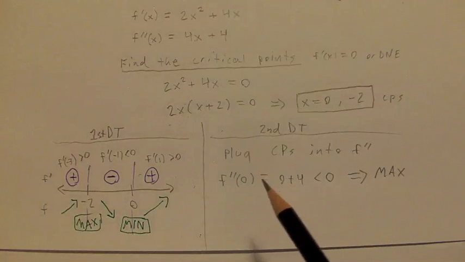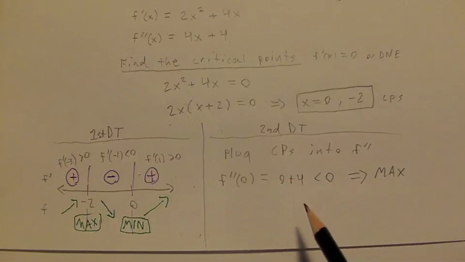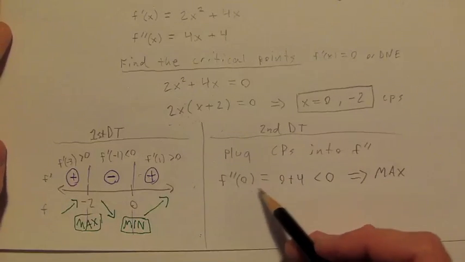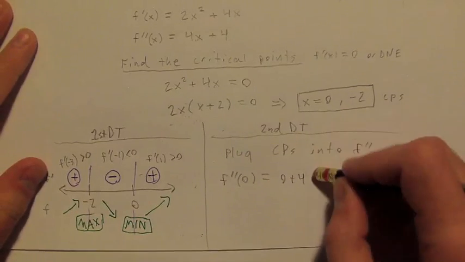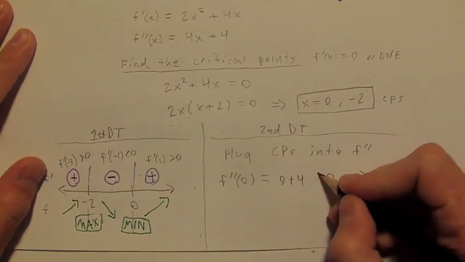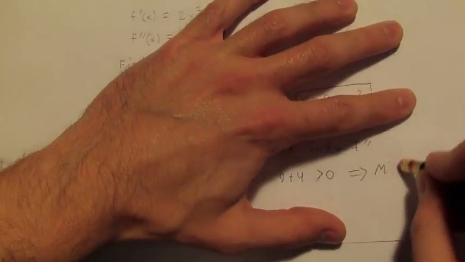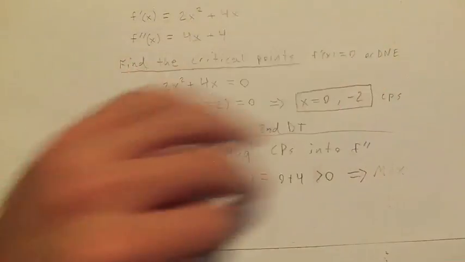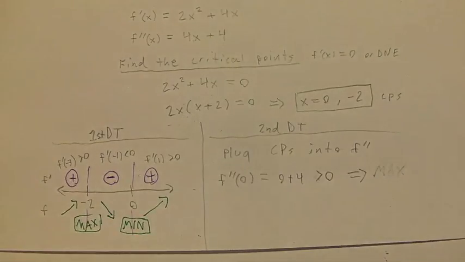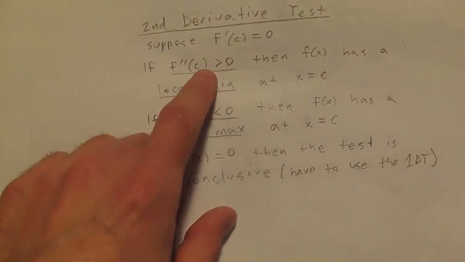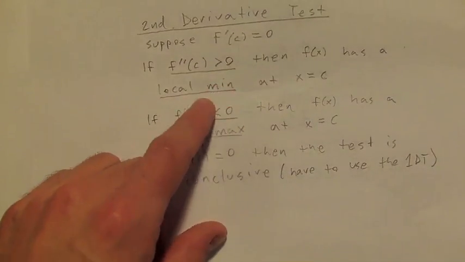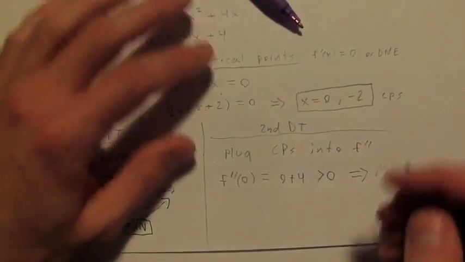So basically you plug in. Alright, so plugging 0 into f double prime, we get 0 plus 4, which is positive. By the second derivative test, if f double prime is positive, we have a local min there.